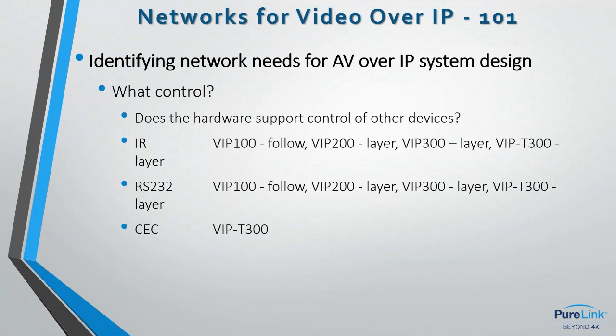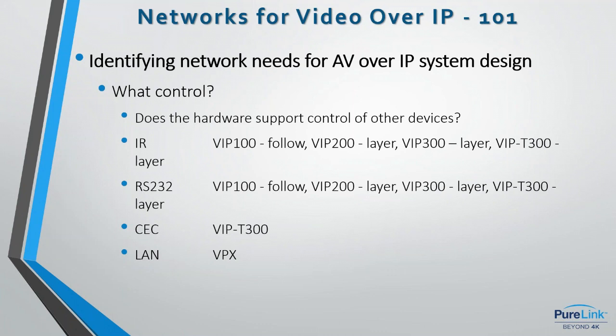So I can split them up and route them as separate layers. The same with RS-232. And I don't mention USB here, but it's also the same in our models as layered switching for the 200s, 300s, and T300s. And then we also have CEC control available on the T300s.